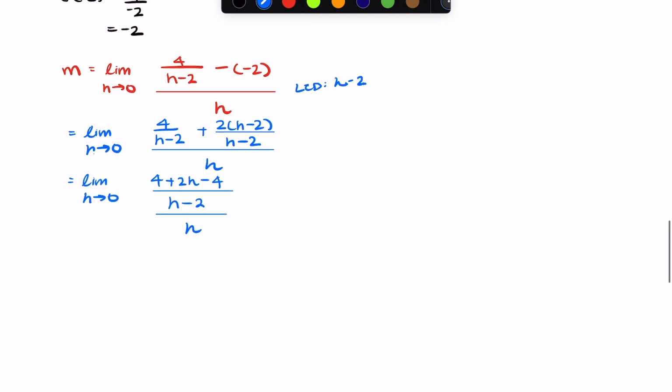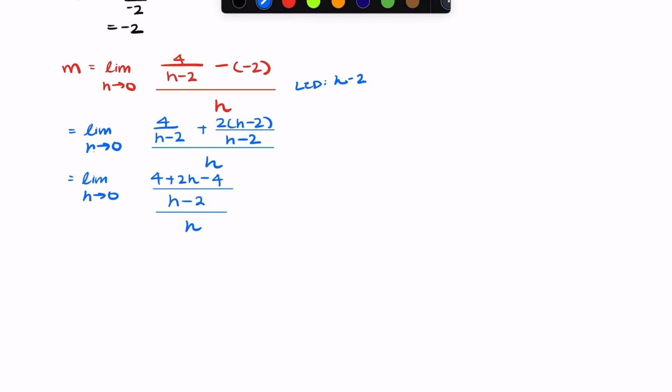Here, we can rewrite it as the limit as h approaches 0 of 4 plus 2h minus 4 over h times h minus 2.